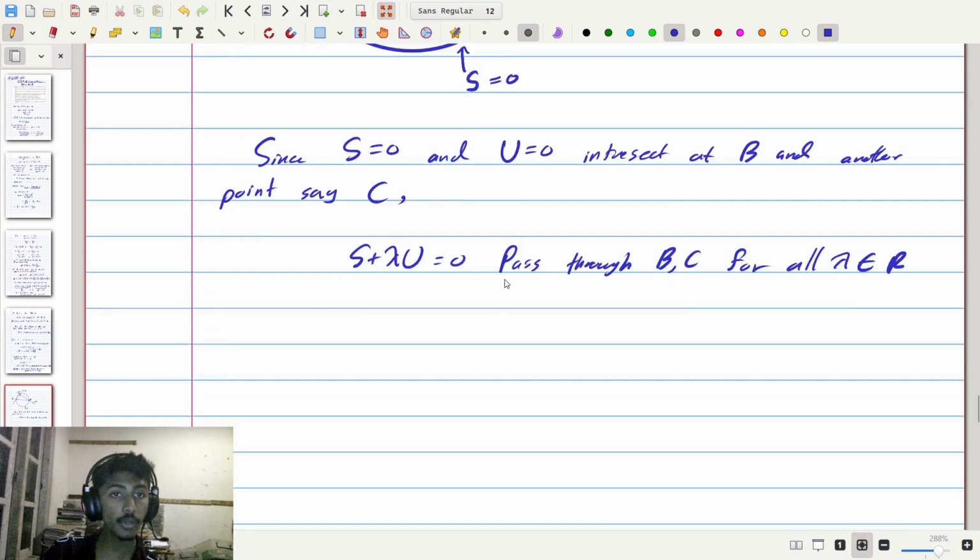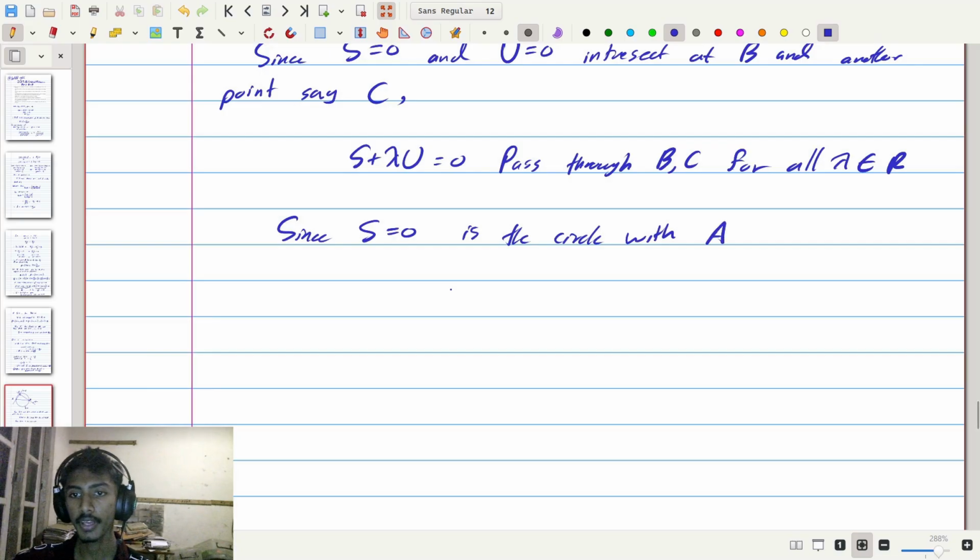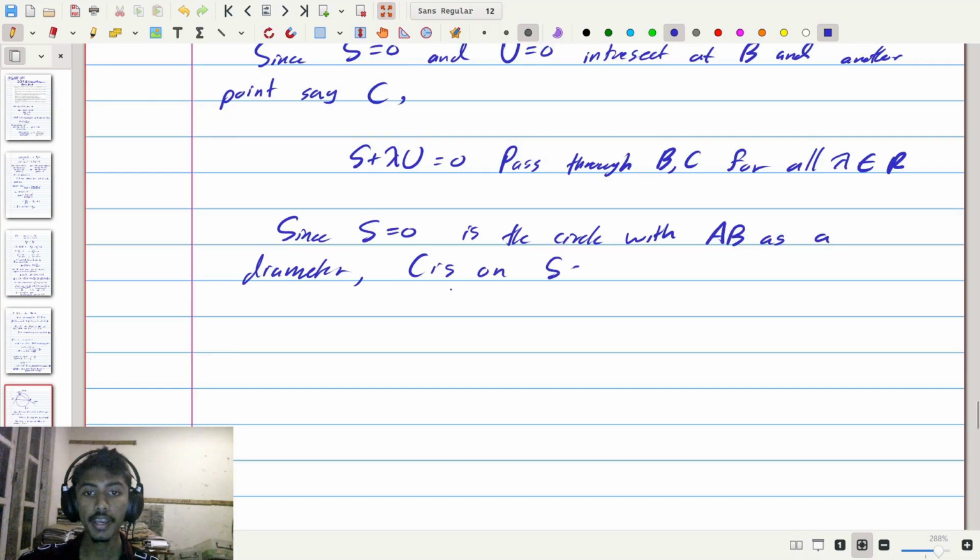And with that we can also say, since s equals 0 is the circle with AB as a diameter, and C is on s equals 0, the angle ACB is 90 degrees.